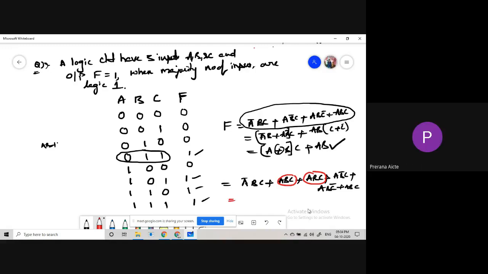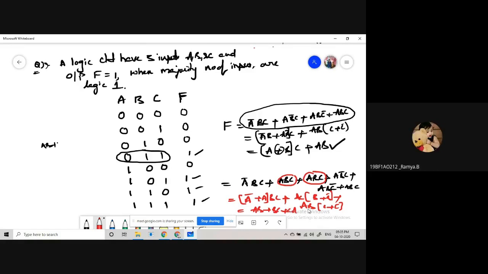For this, BC is constant. We are taking BC as the common term, for this AC is common, and for this AB is common. So C plus C bar, and it becomes AB plus BC plus CA, right?